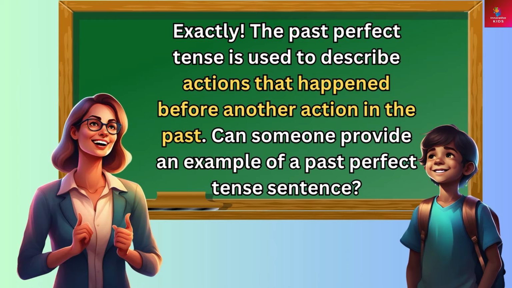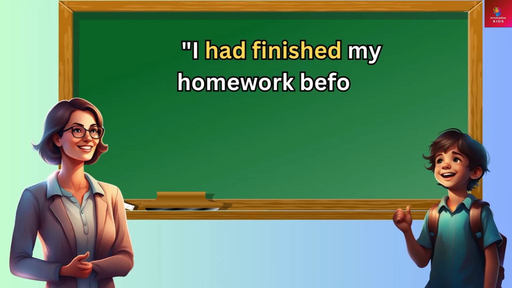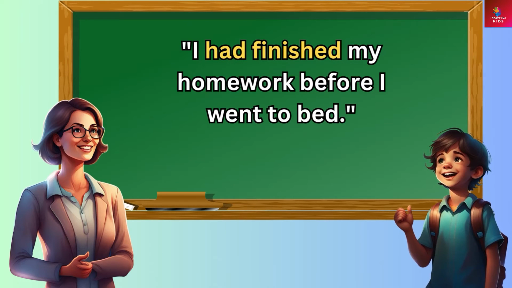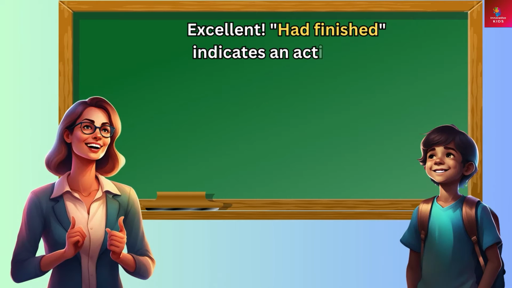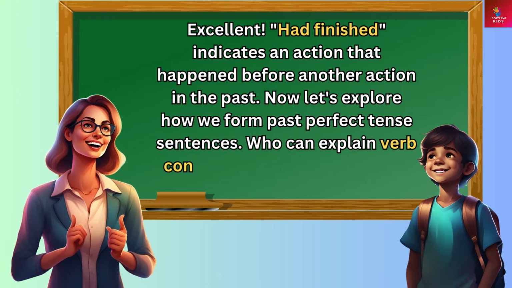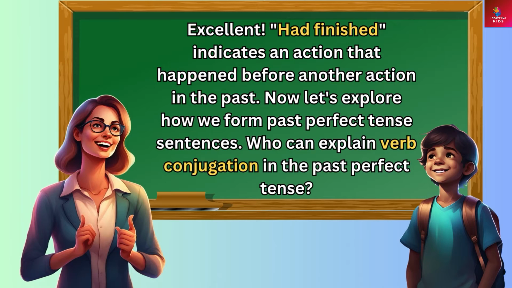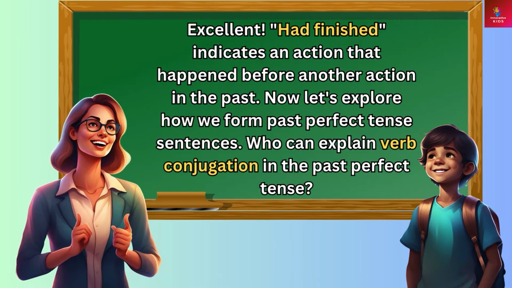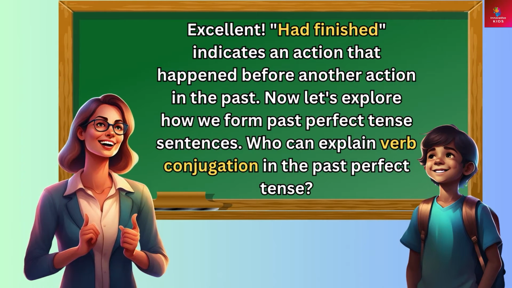Can someone provide an example of a past perfect tense sentence? I had finished my homework before I went to bed. Excellent. Had finished indicates an action that happened before another action in the past.